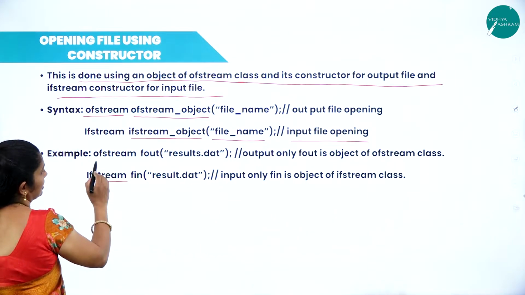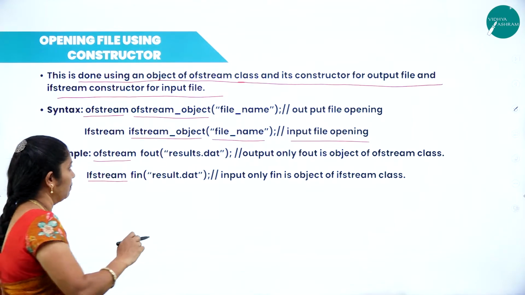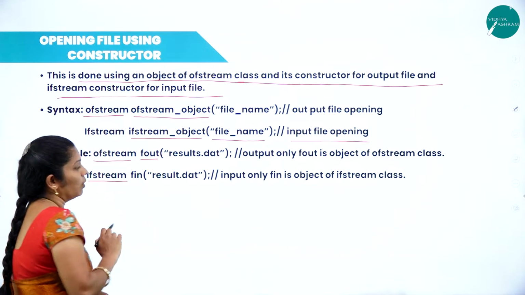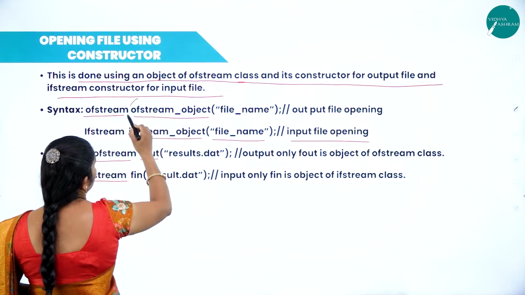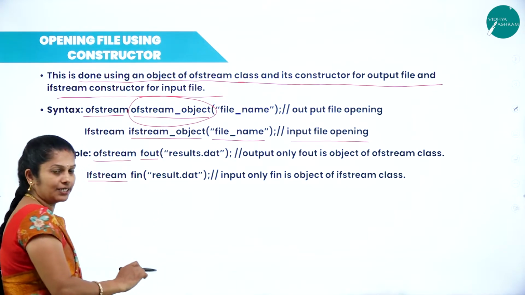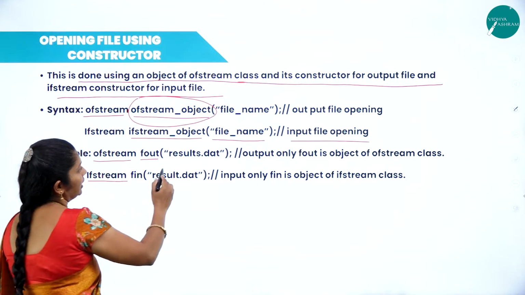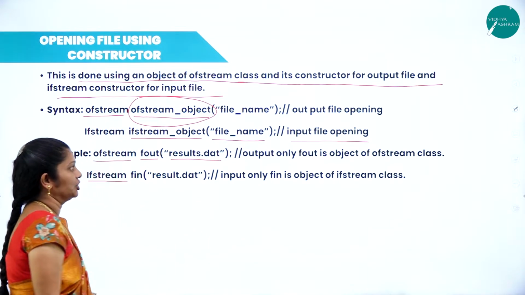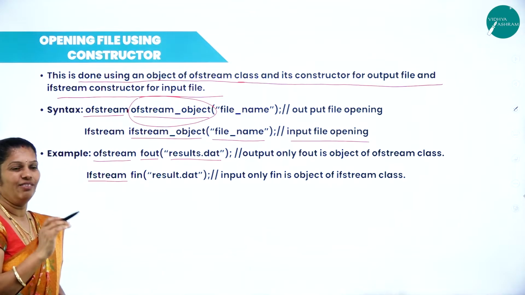Then if you observe the example, first if I mention ofstream for output purpose, fout is the object; whatever name we want, we can give. If you observe the syntax, here we have ofstream, then the ofstream object. The object name we have given is fout. Then you have to write the file name with extension, that is result.data is the name of the file with extension.